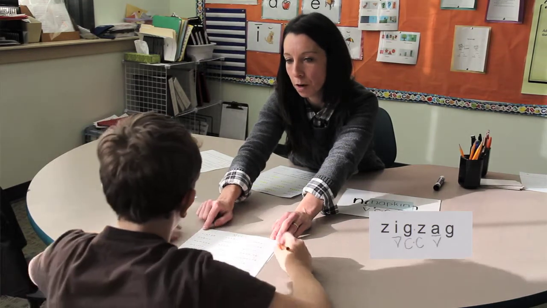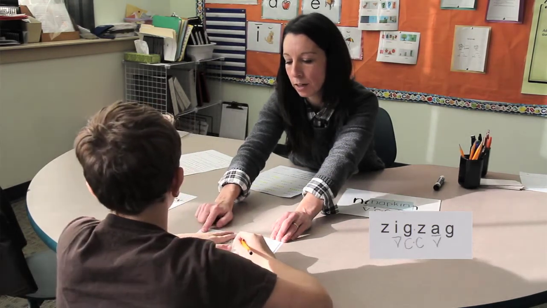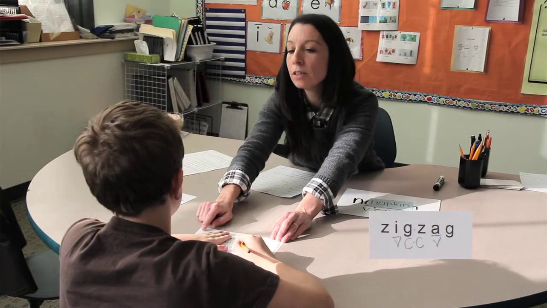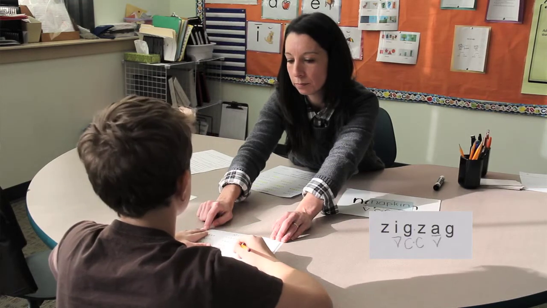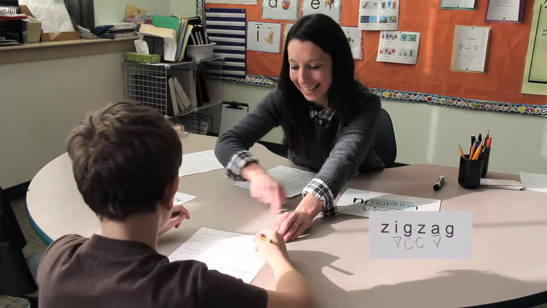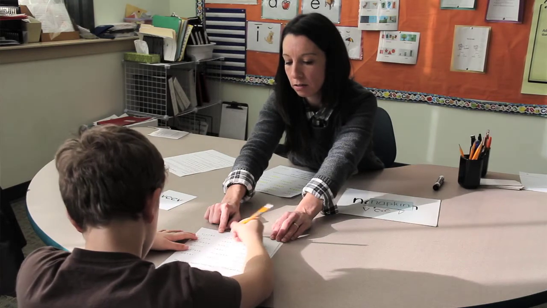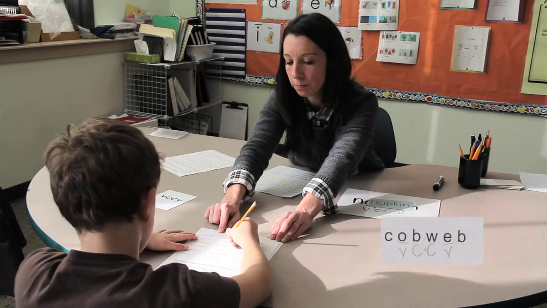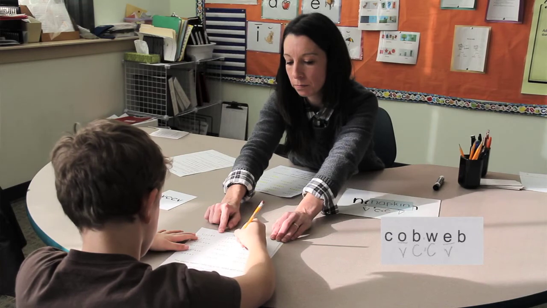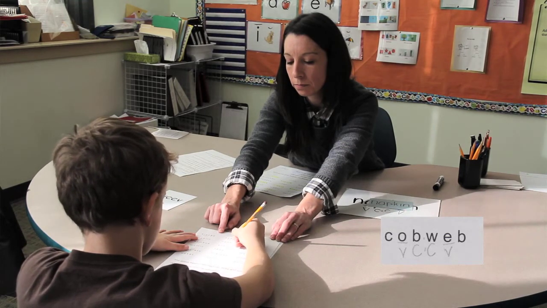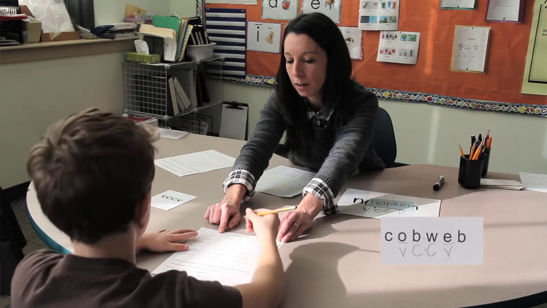Practice reading it then. What's the first part? Zig. Sound it out. Zag. Put it together. Zigzag. Good. Let's try this one. Underline your talking vowels. Nice job.